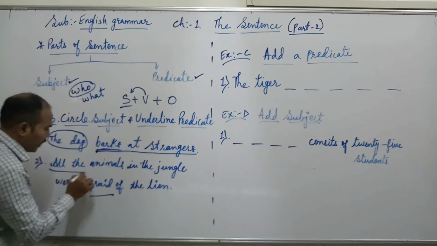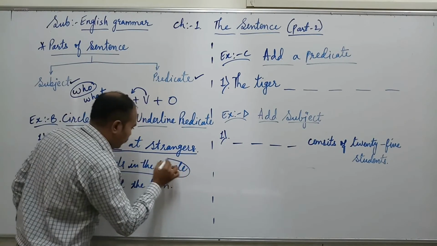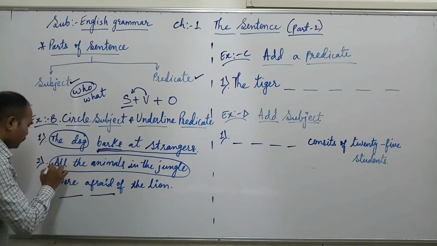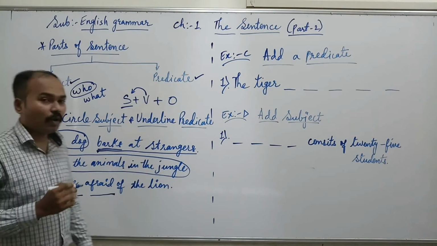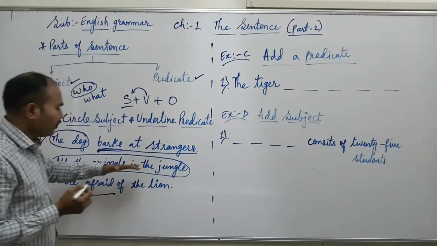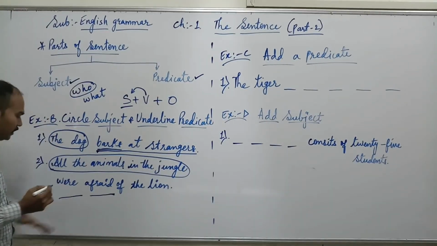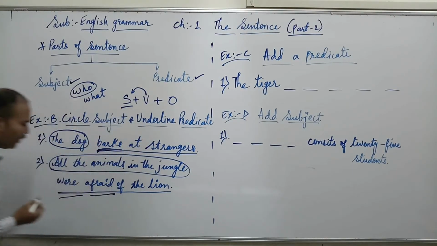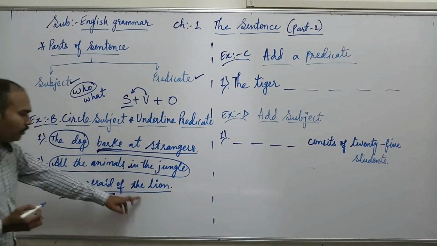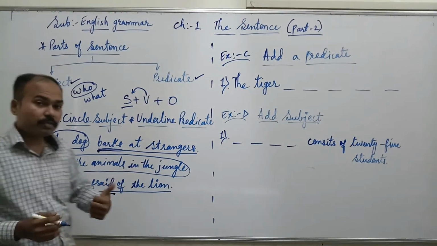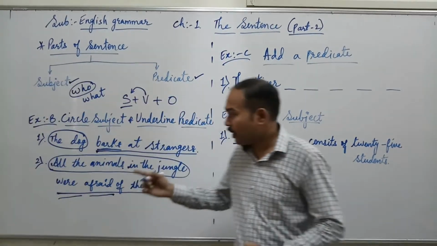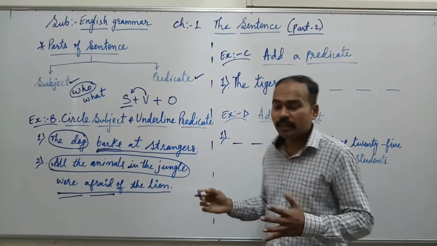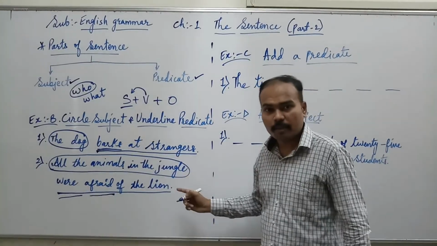So all the animals in the jungle is your subject. Now what is the predicate? The remaining words after identifying the subject are your predicate: were afraid of the lion. Okay students, I hope you understood how to identify the subject and the predicate.